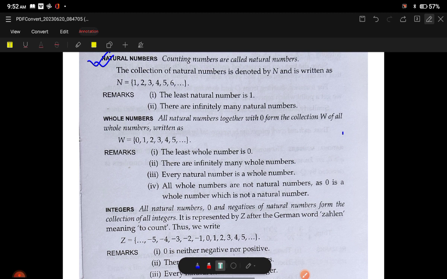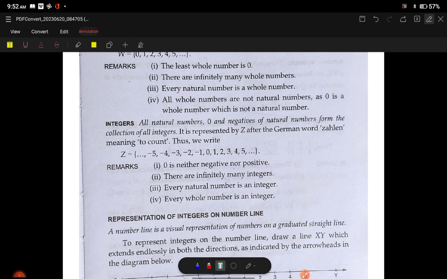Next is integer. One day, I was taking a class. I told the students that if you give the correct answer, then you will get 5 marks, and if you give the wrong answer, then 3 marks will be deducted. One student gave 2 correct answers and 4 wrong answers.